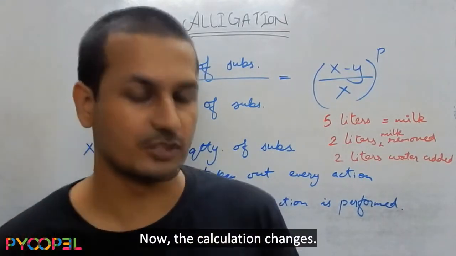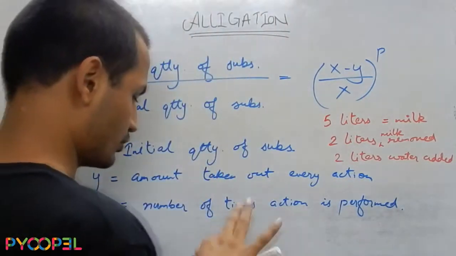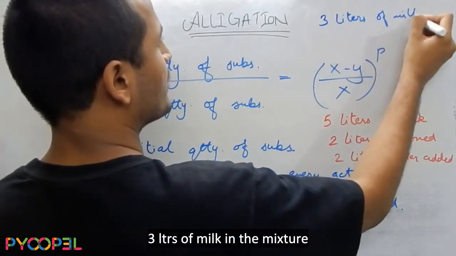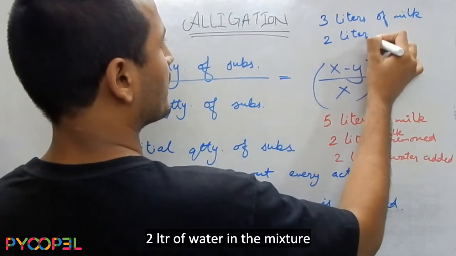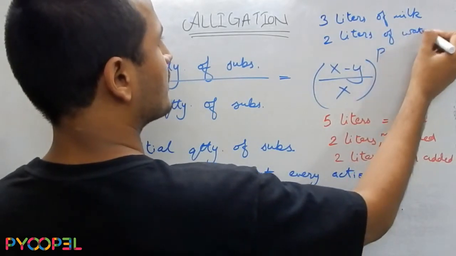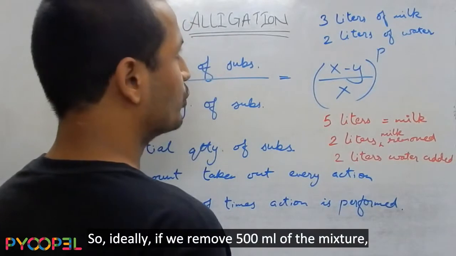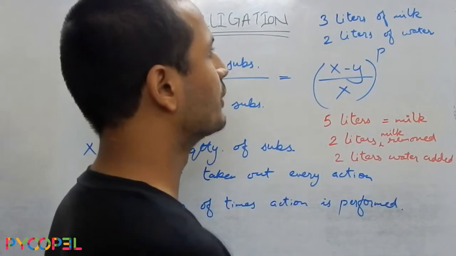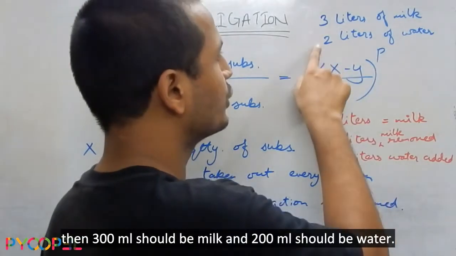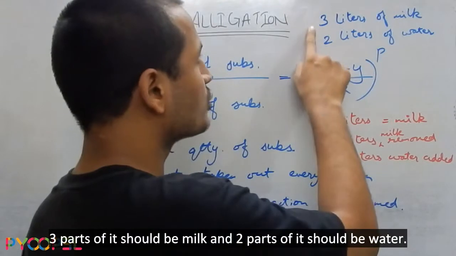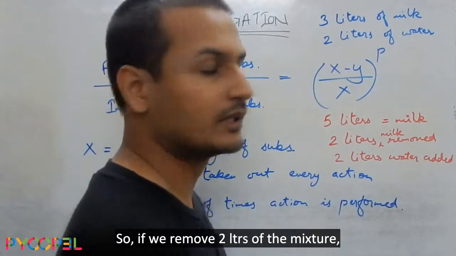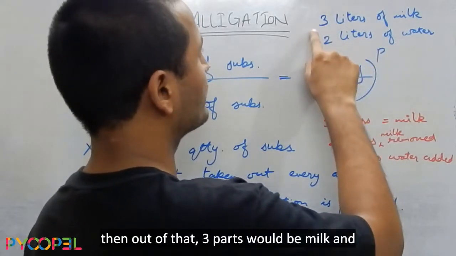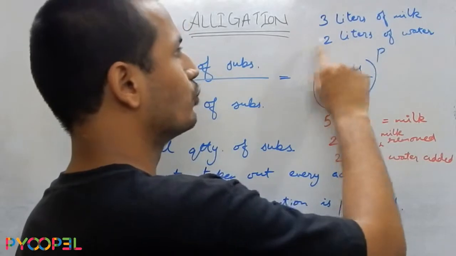Now the calculation changes, because suppose there are 3 liters of milk and 2 liters of water in the mixture. Ideally, if we remove 500 milliliters of the mixture, then 300 should be milk, 200 should be water. 3 parts of it should be milk, 2 parts of it should be water. So if we remove 2 liters of the mixture, then out of that 3 parts would be milk and 2 parts would be water.